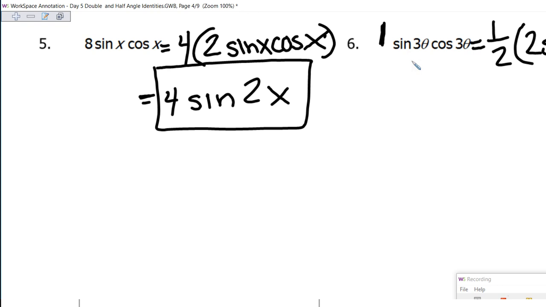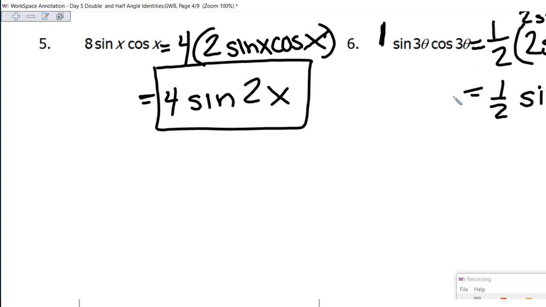Now, when we solve this, the 2 sine A cosine A is for sine of 2A. But what are they using for A here? Not theta, 3 theta. This is 2 sine A cosine A. So for A, they're using 3 theta.